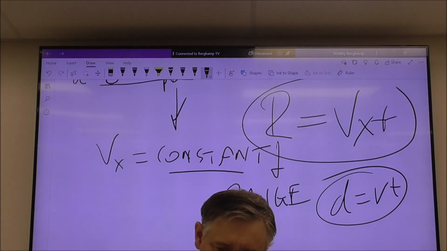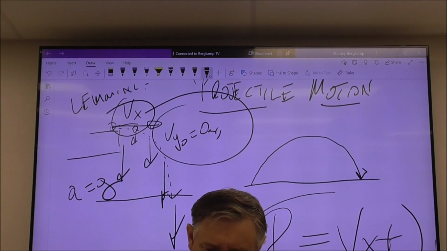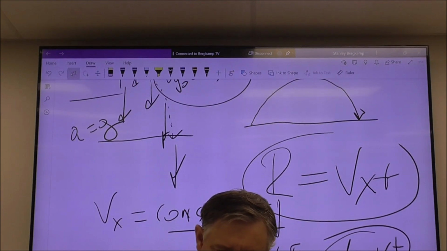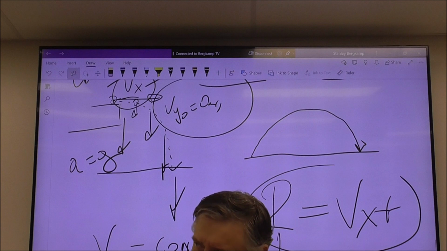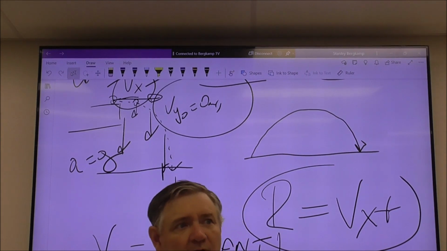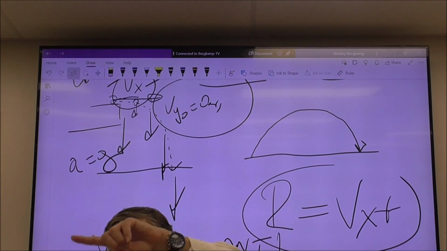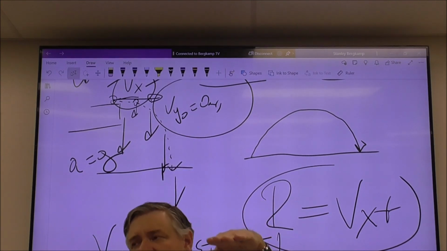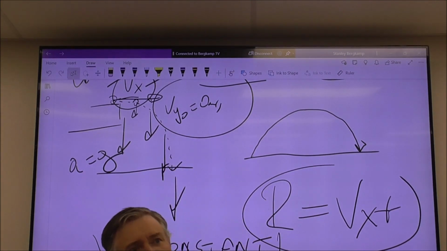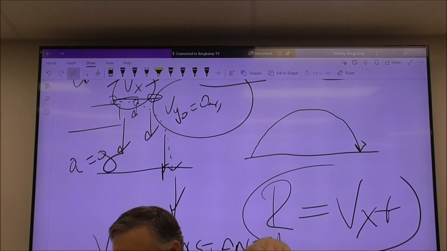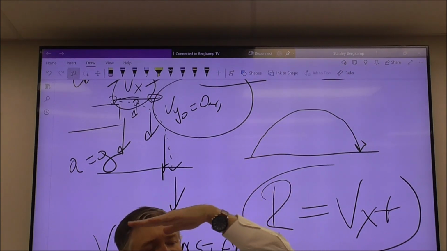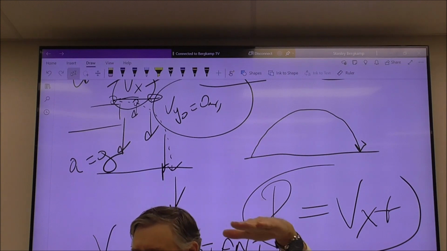The other thing that's going to happen is that because there are no forces acting in the x direction, inertia is the dominant thing. When I roll that ball off, it has a certain mass and a certain inertia, and it wants to maintain a constant velocity. So we're saying there is no horizontal mafia.